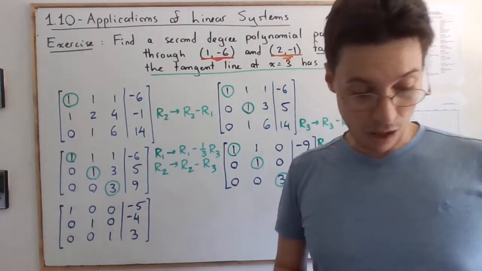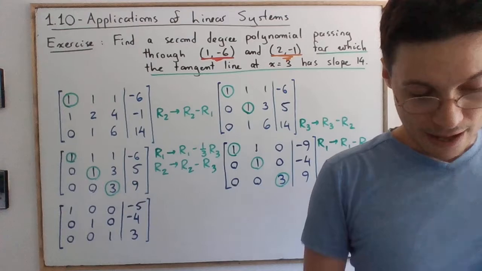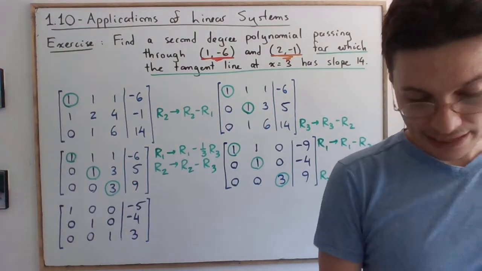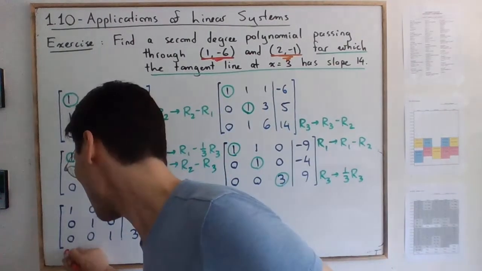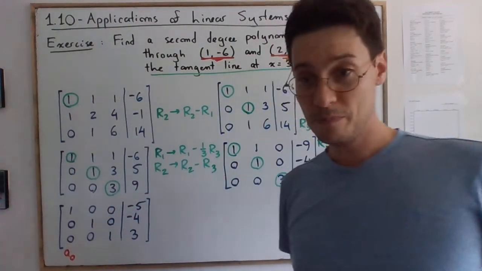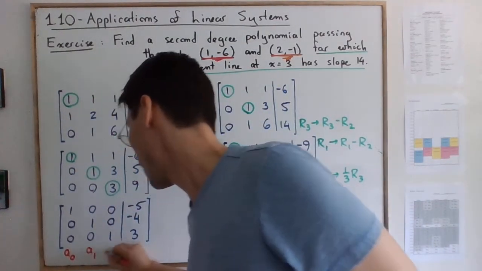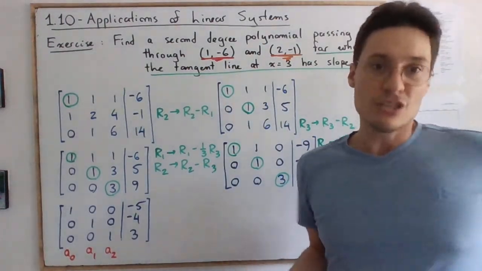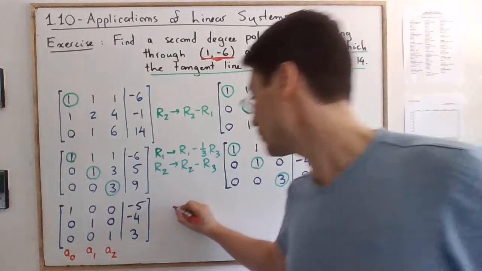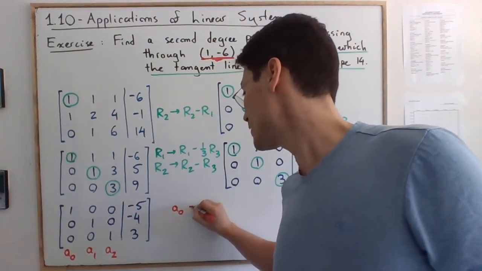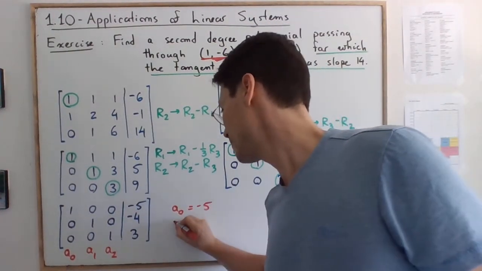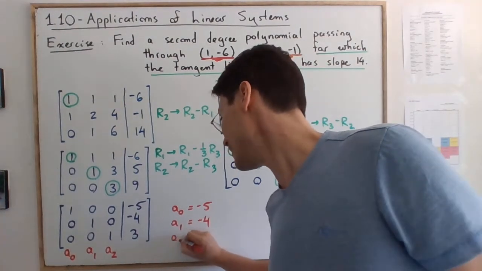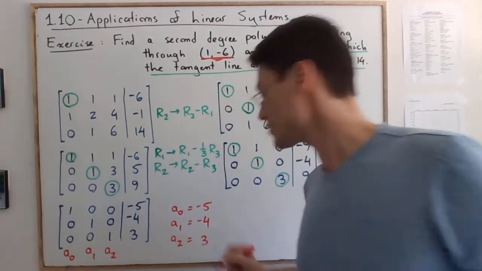Remember that the first column was representing, I will write in red, let's say, A0, second column A1, and third column A2. So in other words, what we found is A0 is equal to negative 5, A1 is equal to negative 4, and A2 is equal to 3.